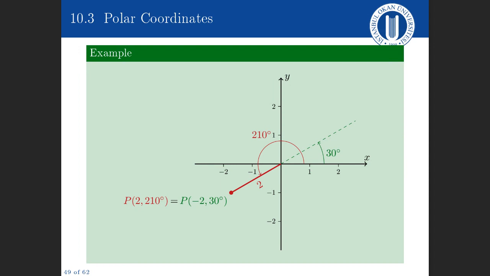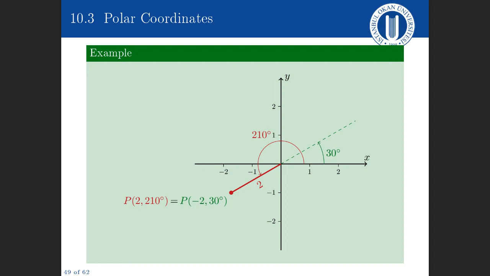Imagine we've got our ruler like this. 0 is 0, minus 1 is about here, and then minus 2 is on this dot. Or I could rotate my ruler 210 degrees, but then the number 2 on the ruler would lie on the point P. So the polar coordinates of the point would be (2, 210 degrees).